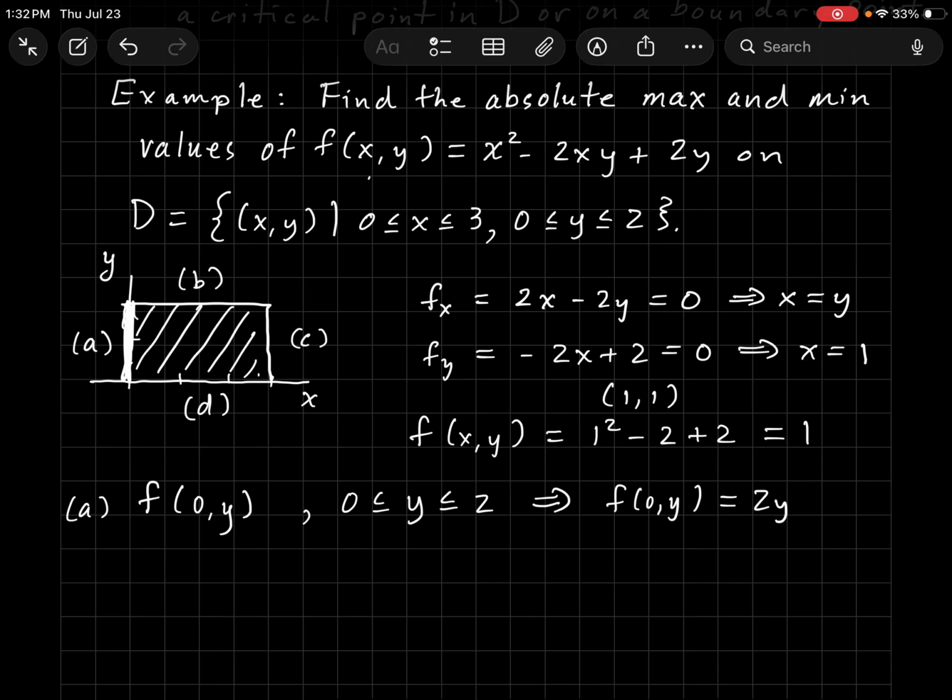So right above this line segment, my function is simply z equals 2y. Now notice this function is increasing on 0 to 2.